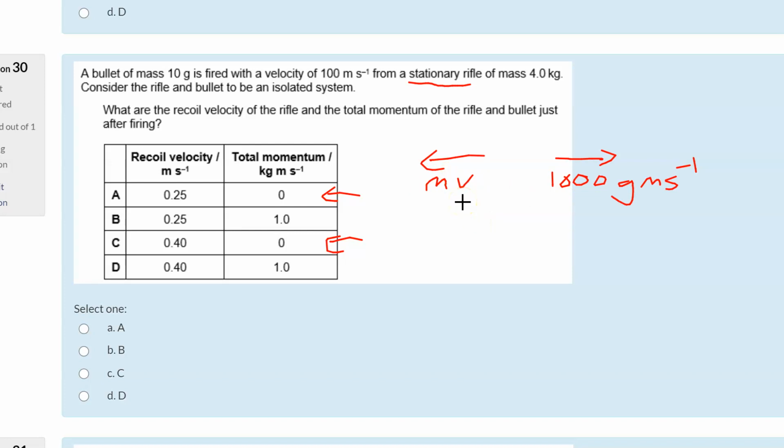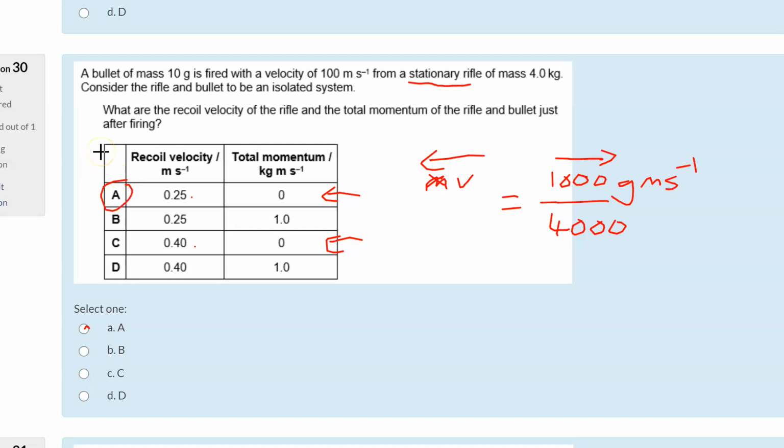So if I now divide this by the mass of the rifle, which is 4,000 grams, that's why I just kept it in grams, 4,000 grams. I don't even need to work this out anymore. I can see that the velocity is 1 over 4, which is 0.25. As my two possibilities are either 0.4 or that, I now know that it is option A.